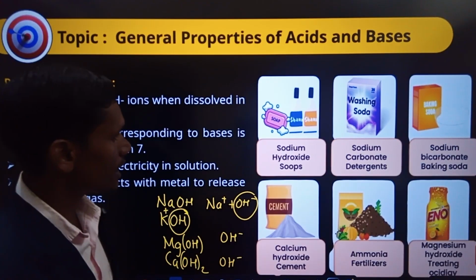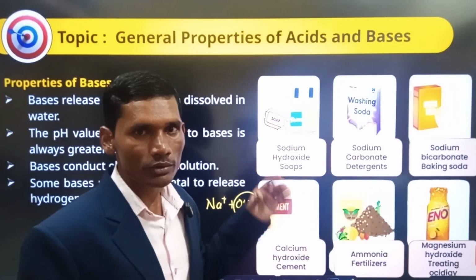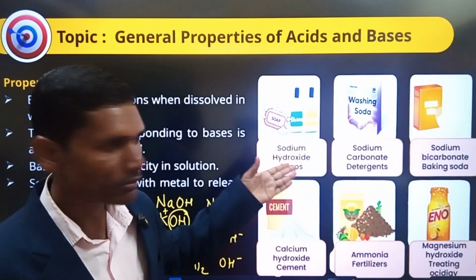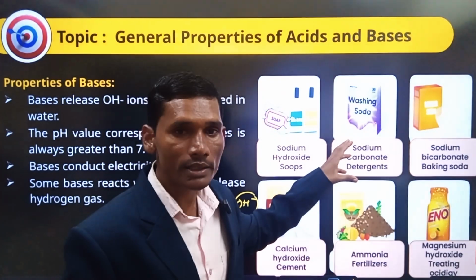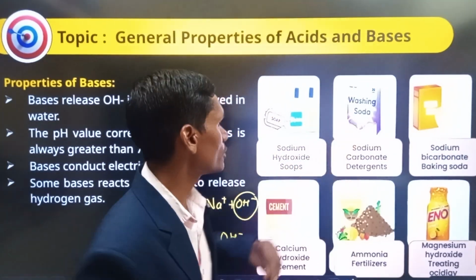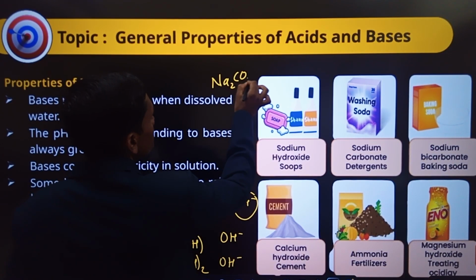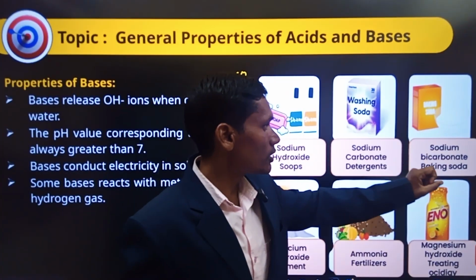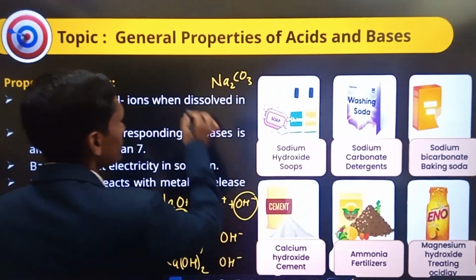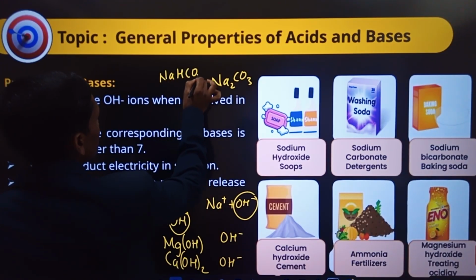And some bases are mentioned here. Which are those? Sodium hydroxide, that is used in soap. Sodium carbonate, Na2CO3, is used in detergents. Next, sodium bicarbonate, sodium hydrogen carbonate, NaHCO3, right?